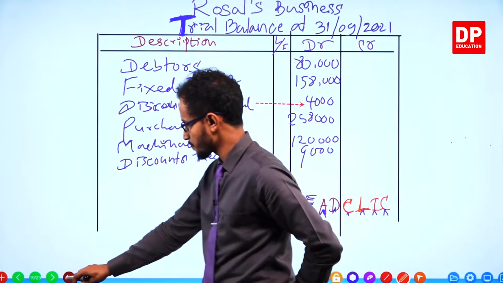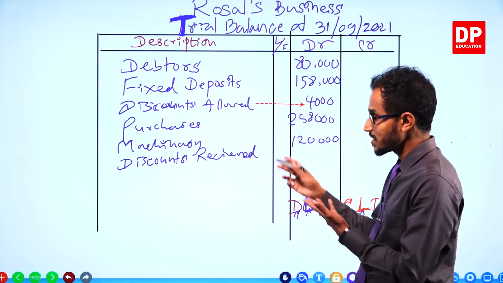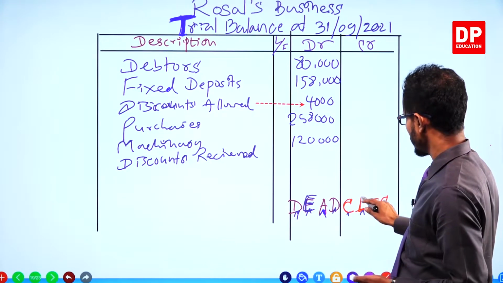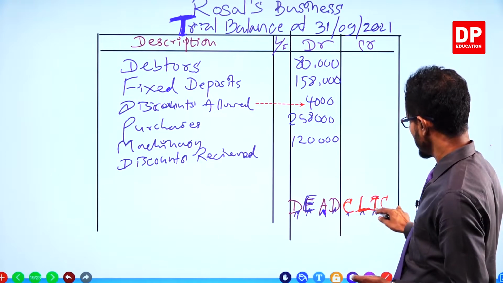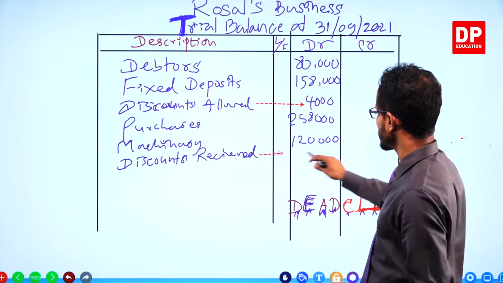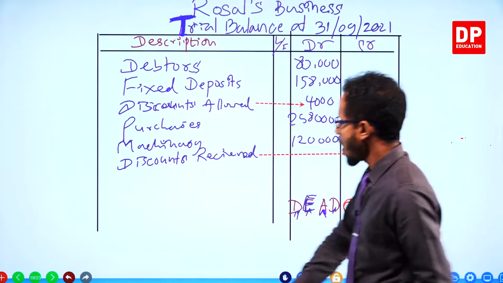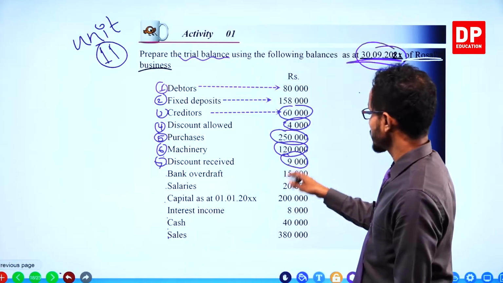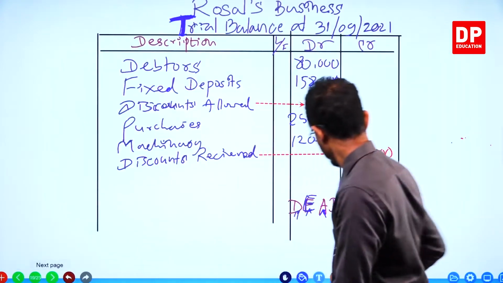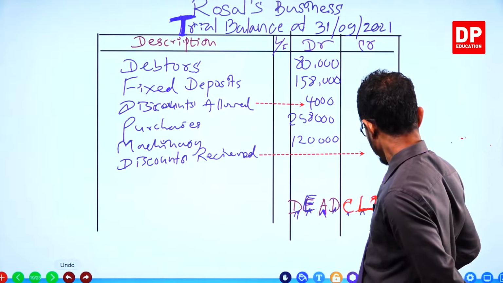No, it's not correct. Why? It's an income. Incomes are always in the click side, the credit side. That's why incomes should be credited. Discounts received 9,000.